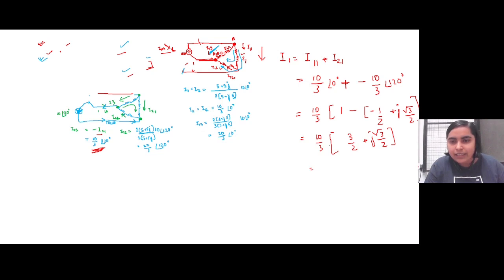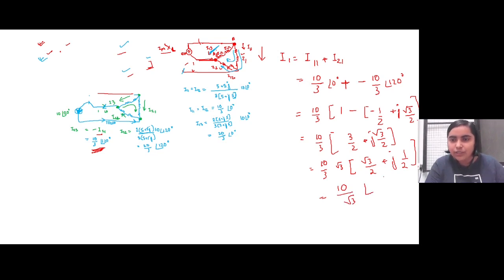Let us take out root 3 from this equation. So 10 by 3 root 3 times root 3 by 2 plus j half, right? So it can be written as 10 by root 3 in terms of angle.